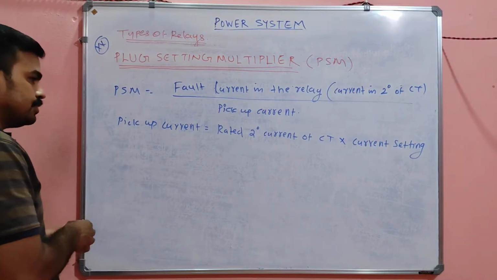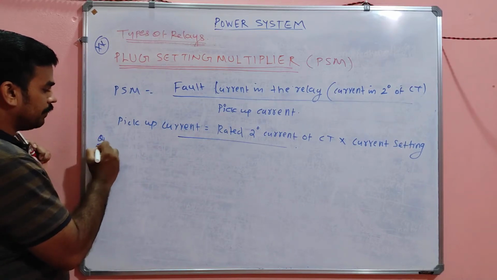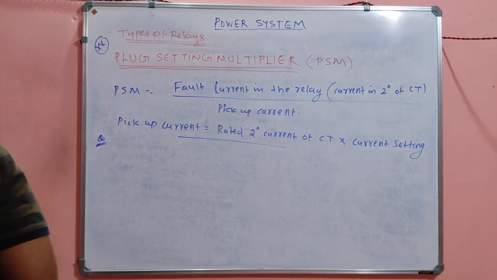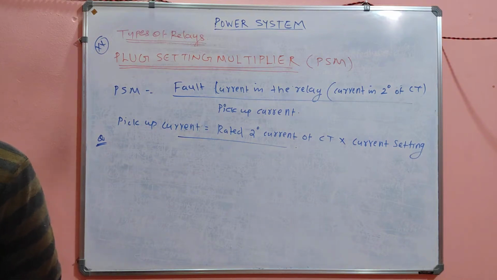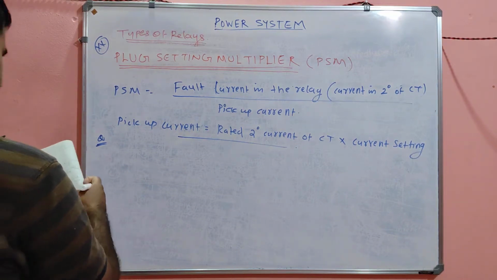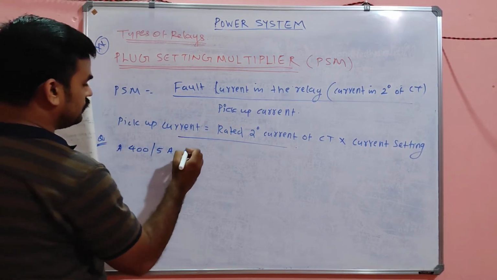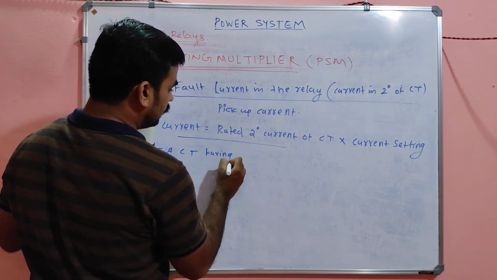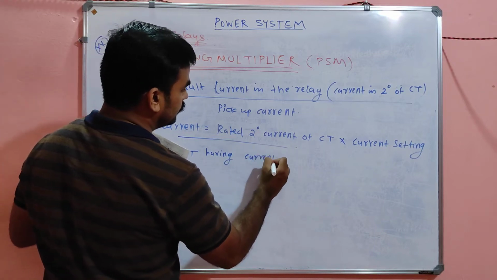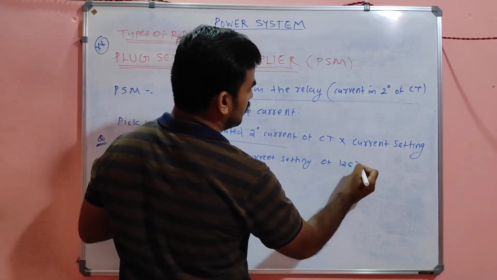I will write a question so that you get how to solve such a problem. A 400 by 5 ampere CT having a current setting of 125%.